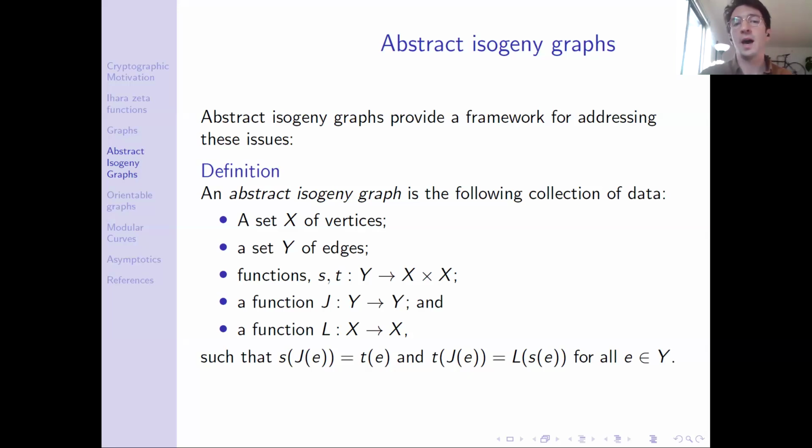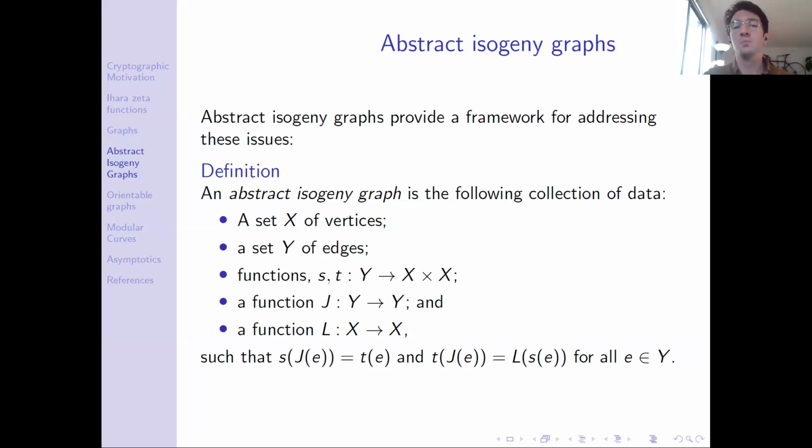And then we have source and target functions we denote by S and T, on the edges. And then we have a function j, which acts on the edges. So this will be like our dual map. And then we also introduce a function L that acts on the vertices.